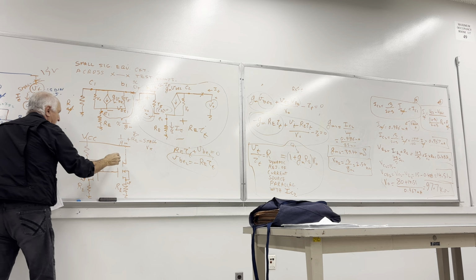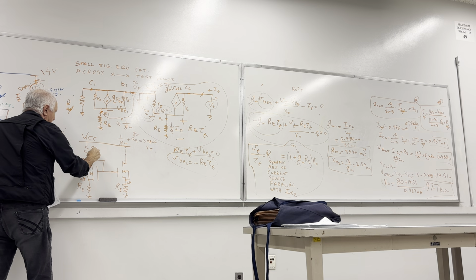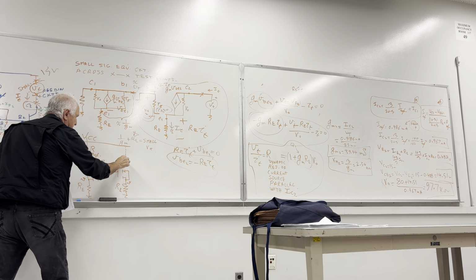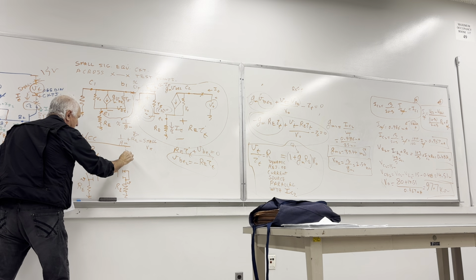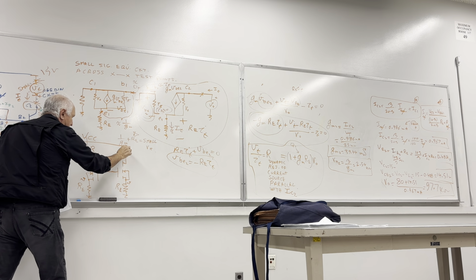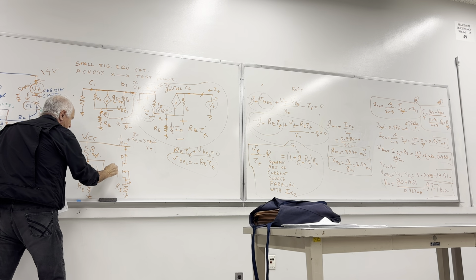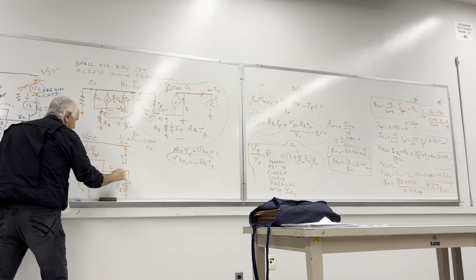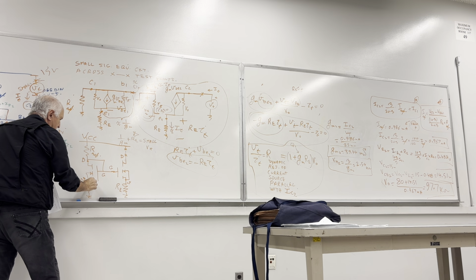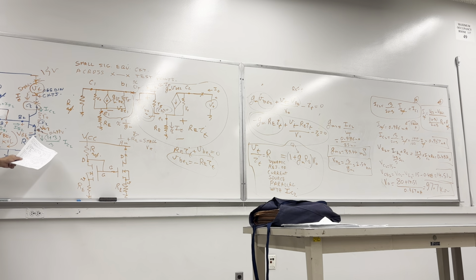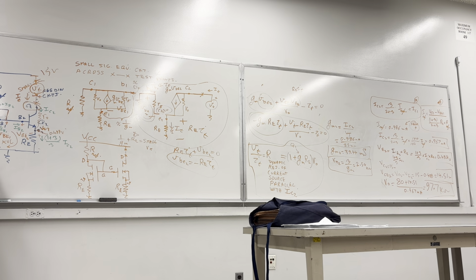VCC, and our reference, and this is the drain, and that's your X and X. That's it: gate, drain, source, again gate, source, and the drain. This is exactly doing the same job as the BJT transistor is doing.